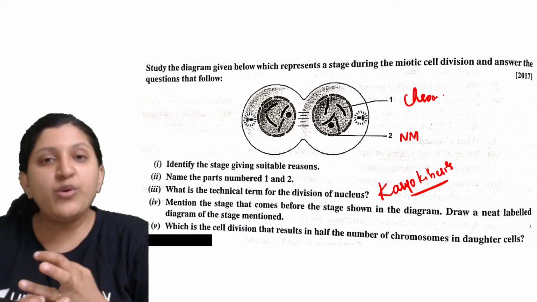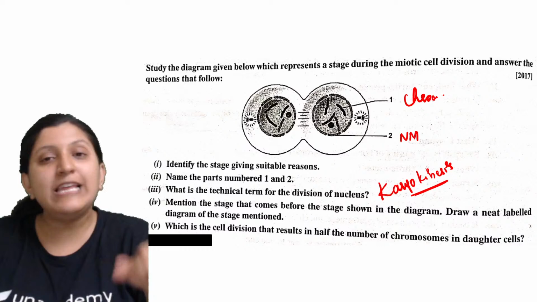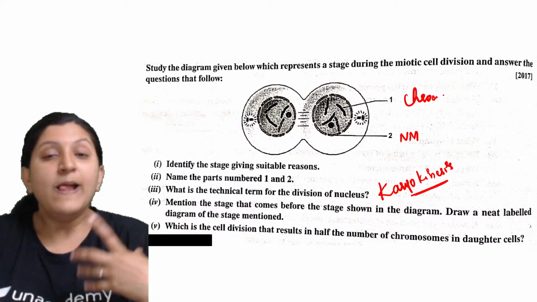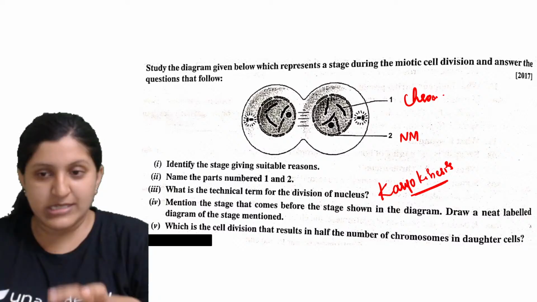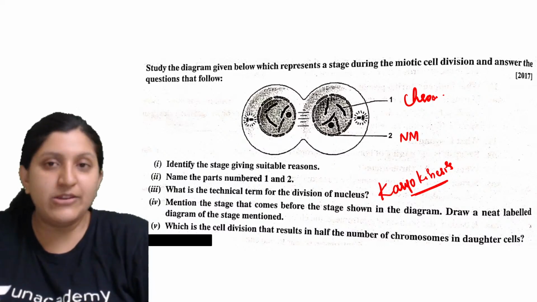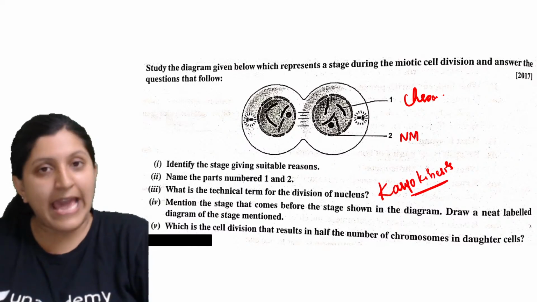When we mention prokaryote and eukaryote, karyote is basically a nucleus. Pro is primitive type of nucleus, eu is true type of nucleus. So now you know karyote is basically a nucleus. Kinesis is division of the nucleus. The technical term is basically karyokinesis.